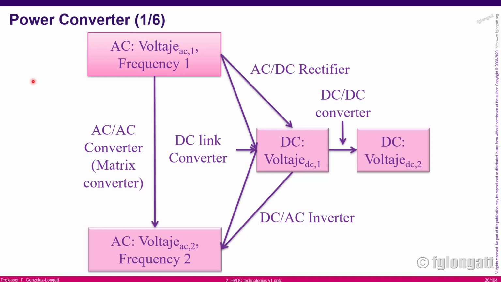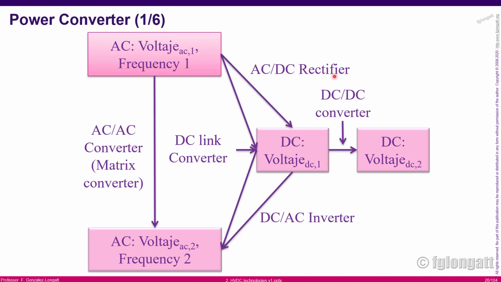A rectifier is typically a device that receives AC signals and converts those signals into DC. If you start from one AC voltage and go to one DC voltage, this activity of moving from AC to DC is a rectifier.